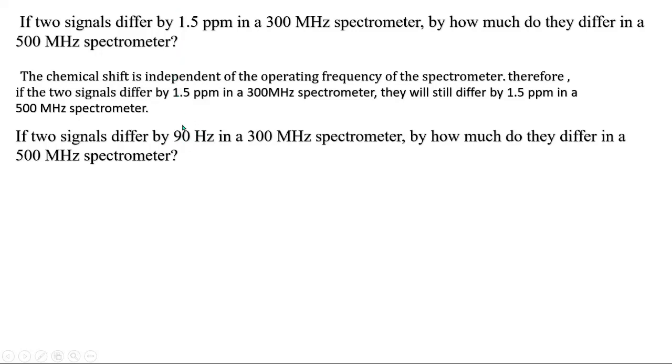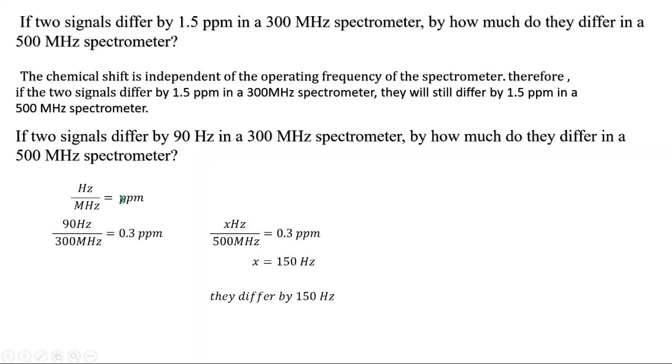So how I will do that, you will see in the answer section. If two signals differ by 90 hertz in a 300 megahertz spectrometer, by how much do they differ in a 500 megahertz spectrometer? In 300 megahertz they differ by 90 hertz. In 500 megahertz, how much do they differ? I have to calculate.